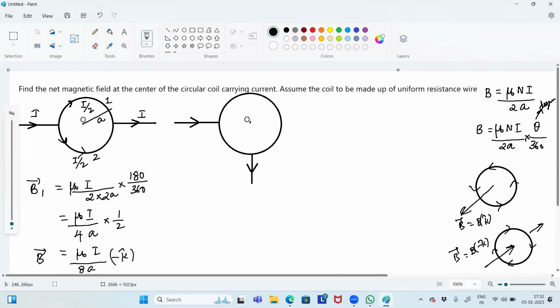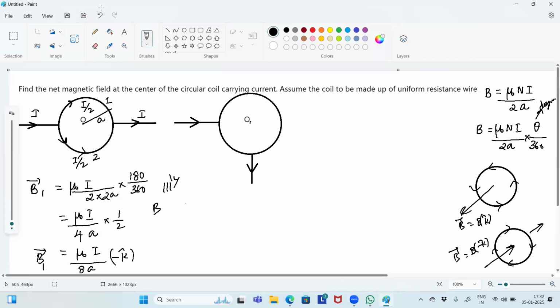Now if you repeat the same process for the second part of the coil, coil 2, I mean the second half circle, semicircle, the current is I by 2, the radius is a, it's again half of the circle, everything is the same. Only one difference: if the current is clockwise here, the current is anti-clockwise there. That means same magnitude but in the opposite direction. So similarly, you can get B2.